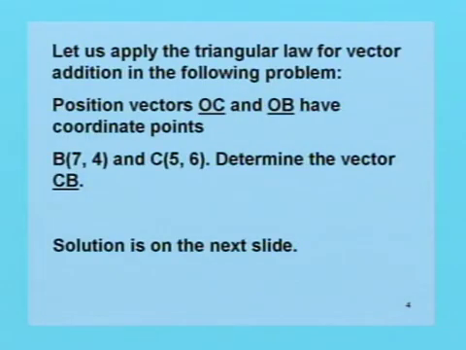Let us apply the triangle law for vector addition in the following problem. Position vectors OC and OB have coordinate points B 7, 4 and C 5, 6. Determine the vector CB. The solution is on the next slide.